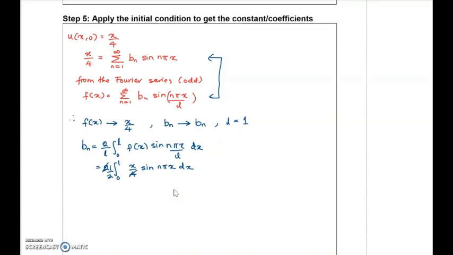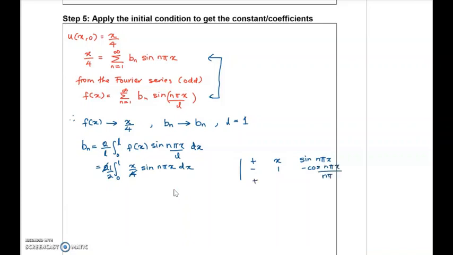Which can be solved by tabular method or by parts. So we have positive x sine n pi x, then the signs alternate, so negative. The derivative of x is 1, and integrating sine gives negative cos n pi x over n pi.